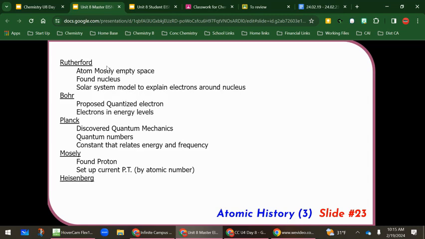All right, Heisenberg. Heisenberg gave us an uncertainty principle. Heisenberg said it is mathematically impossible to tell the speed and the location of an electron in an atom.